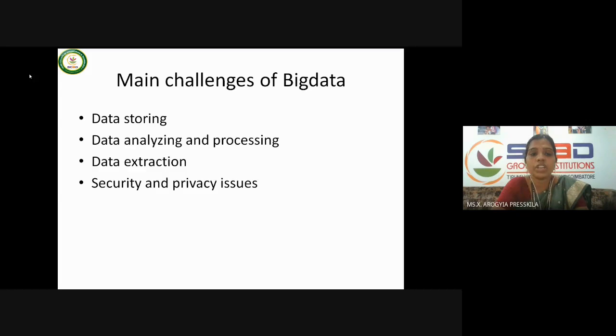Next one, security and privacy issues. Actually, my PhD research is going on under the topic of security and privacy. That is why I moved to security and privacy. All the users share information, and the data is stored in some location. You don't know whether our data is secure or private.